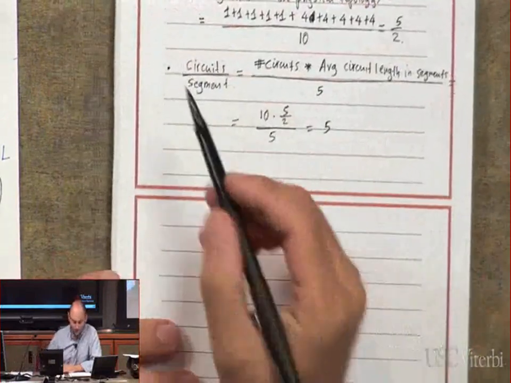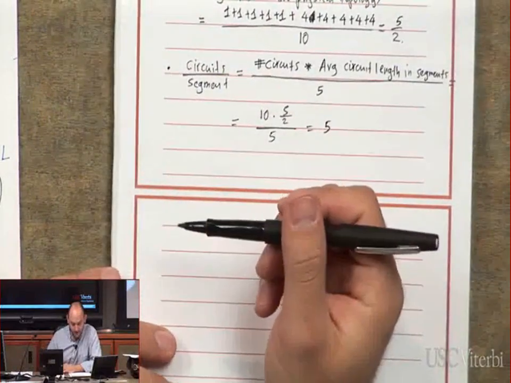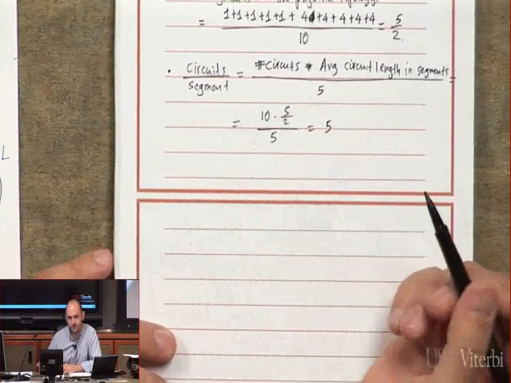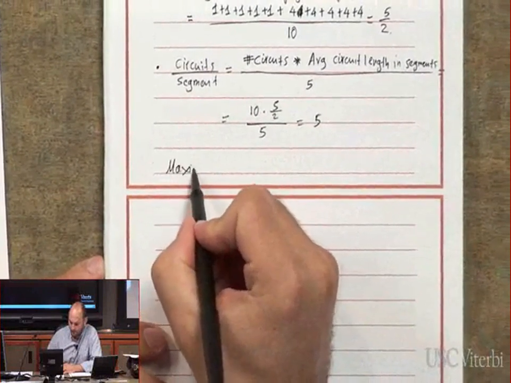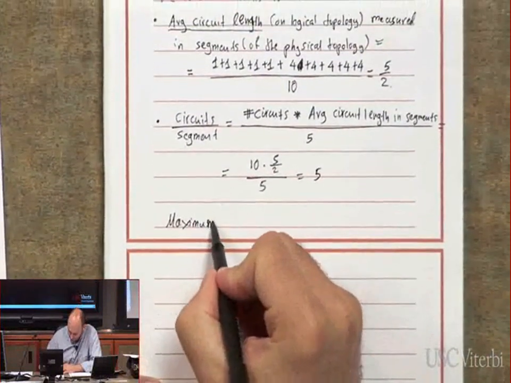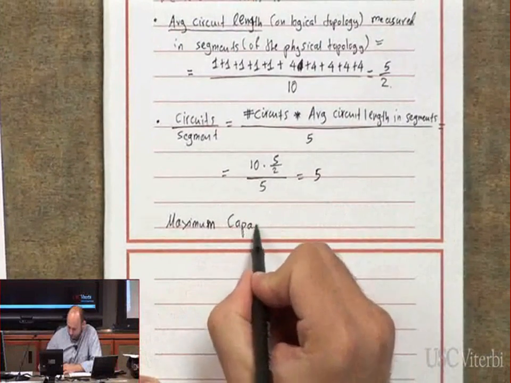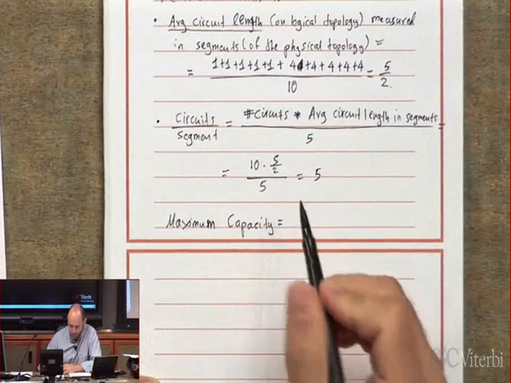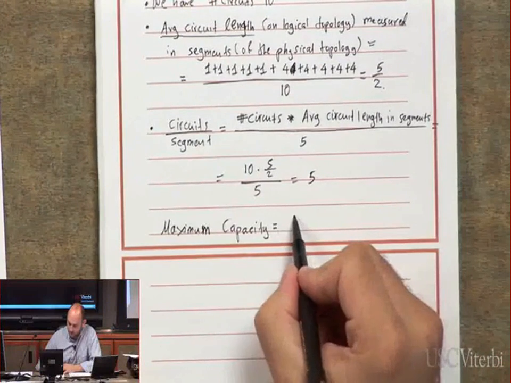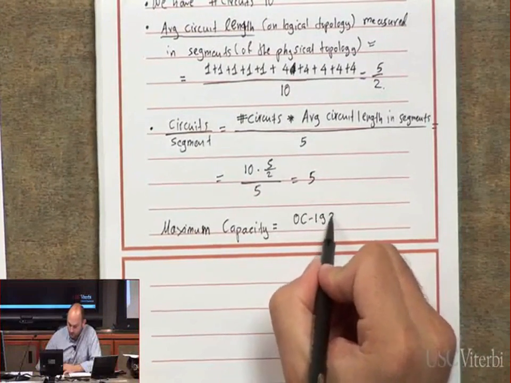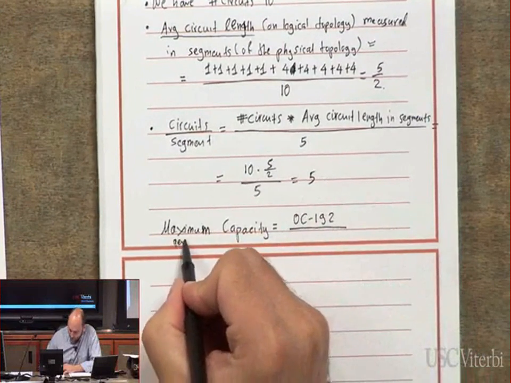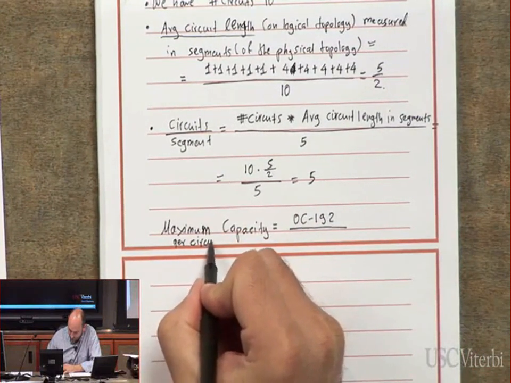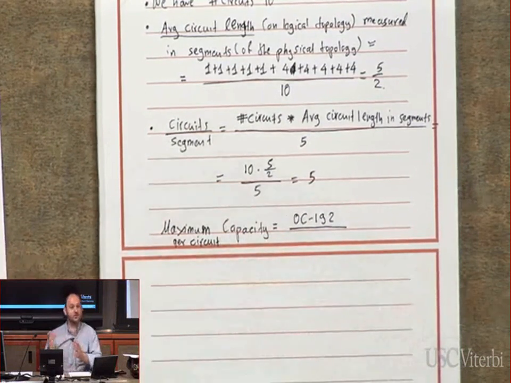Okay? Now, the next thing is to find the maximum capacity, which is what the question is asking. All right? Maximum capacity equals OC192 per circuit over here. It's important to put circuit or segment because we're talking about two different things.